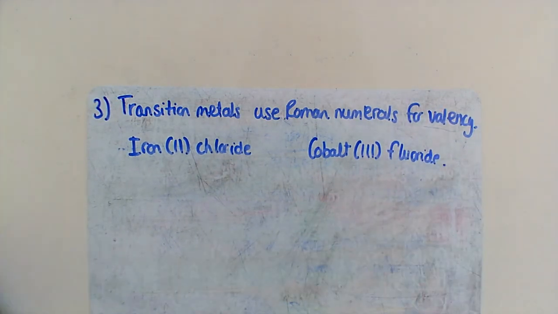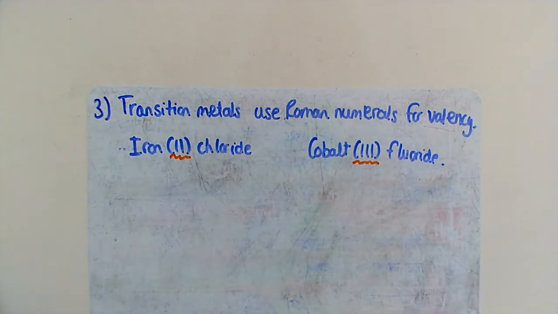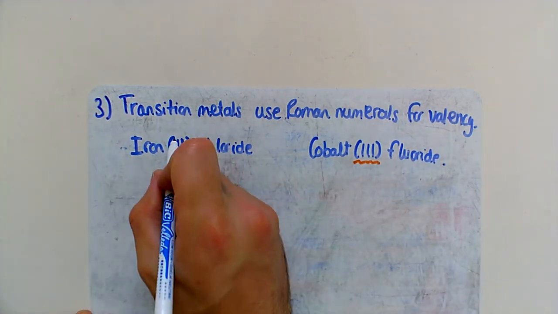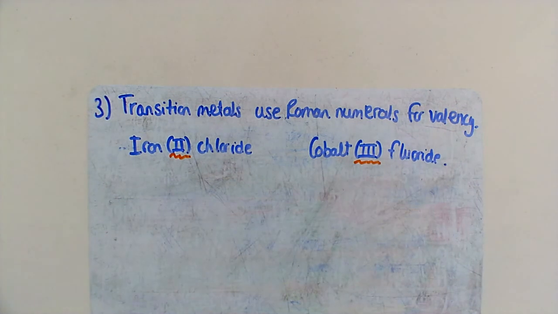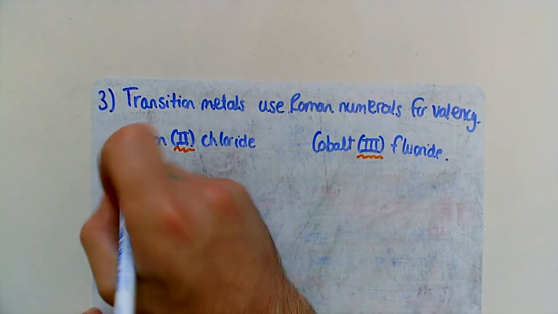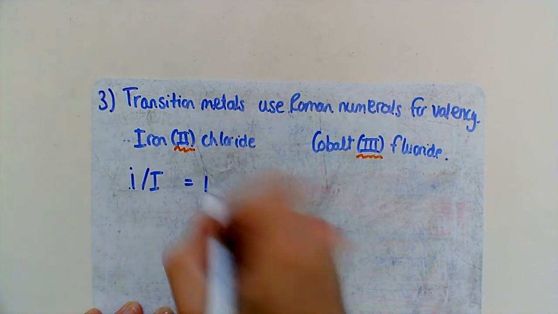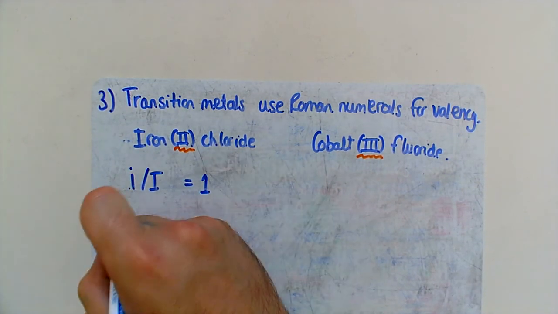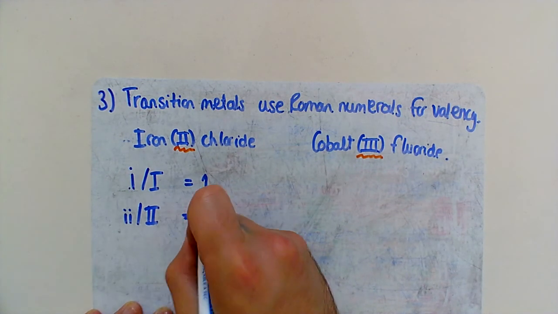If we've got a transition metal, these things in Roman numerals, and they're usually capital Roman numerals, so you might see them like that, or just the lines, they tell us the valency of the transition metal. So I equals 1. II equals 2.